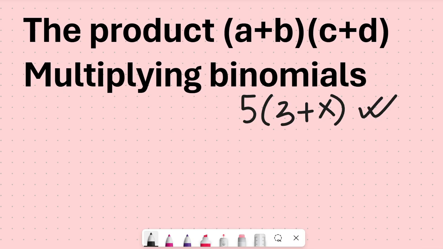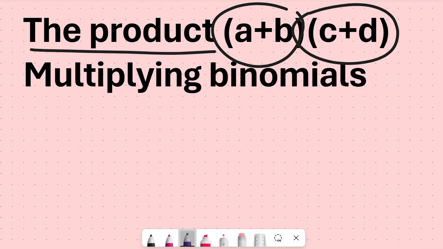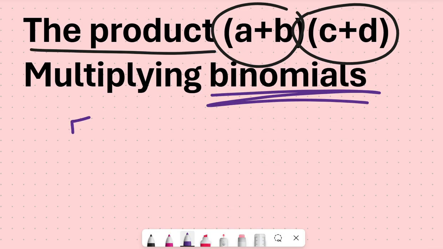Now, we start with today's lesson, the product of two binomials, a plus b multiplied by c plus d. In order to multiply two binomials, let us first explain what binomials are. If we have a term that is, for example, 5, it's a monomial.